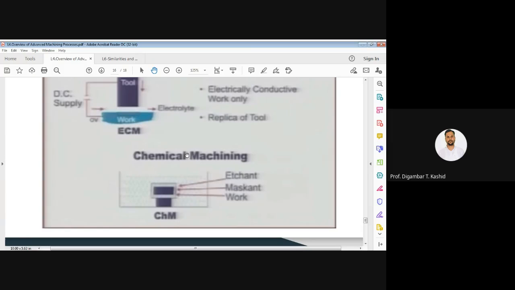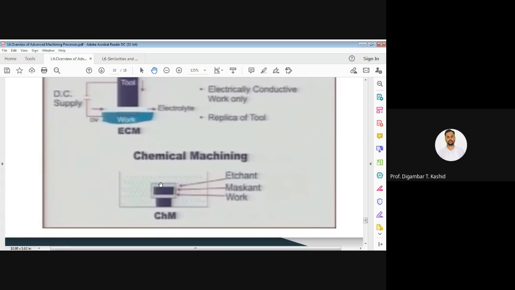Etchant is a chemical that will react chemically with your workpiece surface, and wherever the etchant reacts, the material will be removed from that part of the surface. So remember what etchant and maskant are.